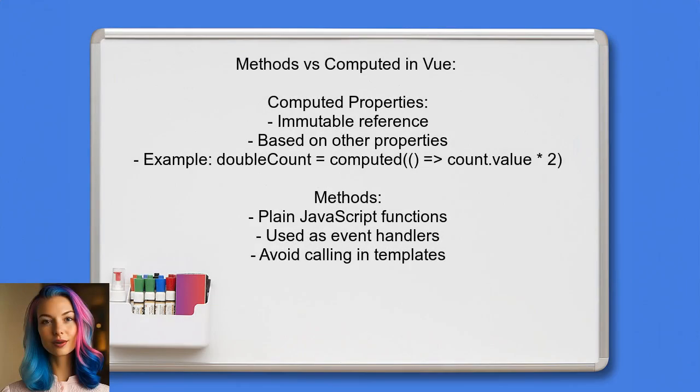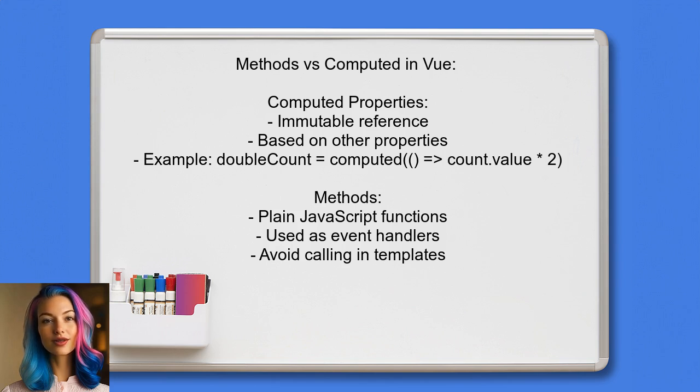In Vue 3's composition API, methods and computed properties have distinct roles. Computed properties are functions that return an immutable reference based on other properties, like refs or reactive states. For example, you can create a double count computed property that doubles a count value.